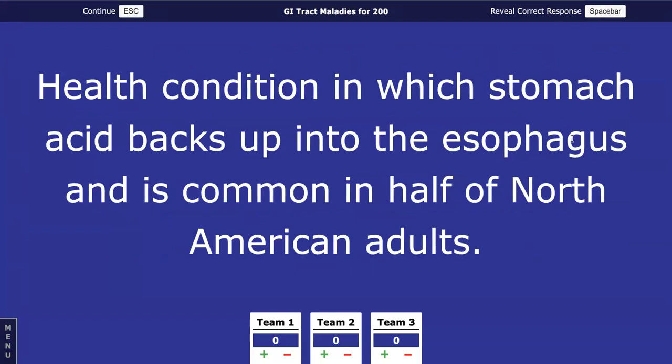This is a health condition in which stomach acid backs up into the esophagus and is common in half of North American adults. This is so cool because, well, no, this health condition isn't cool. But what is cool is that the answer is acid reflux or heartburn.